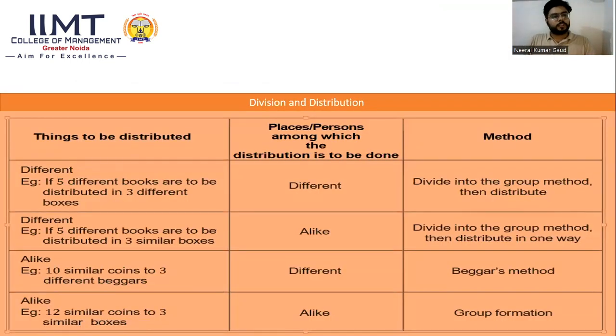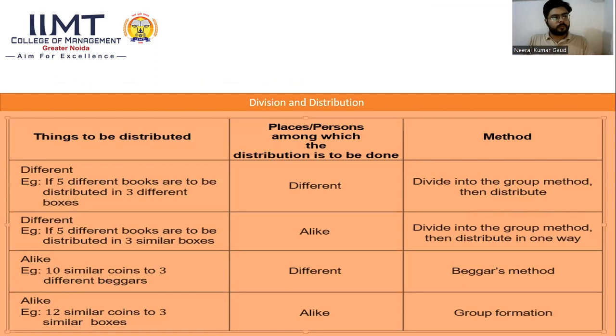Last is division and distribution. That is, things can be distributed, the place and person among which the distribution is to be done, and the method. For example, if 5 different books are to be distributed into 3 different boxes, that is different, divide into groups by the group method, then distribute.